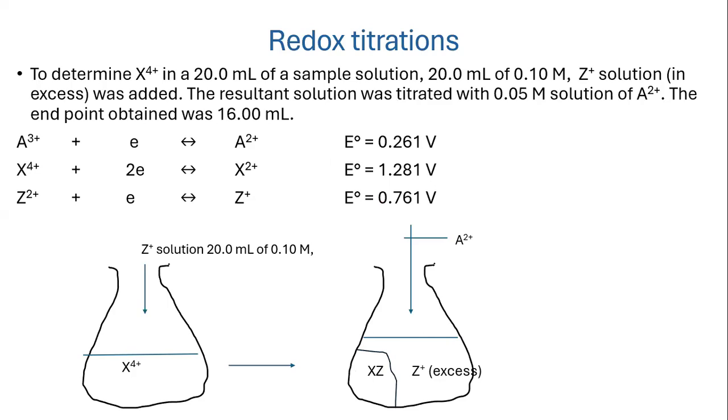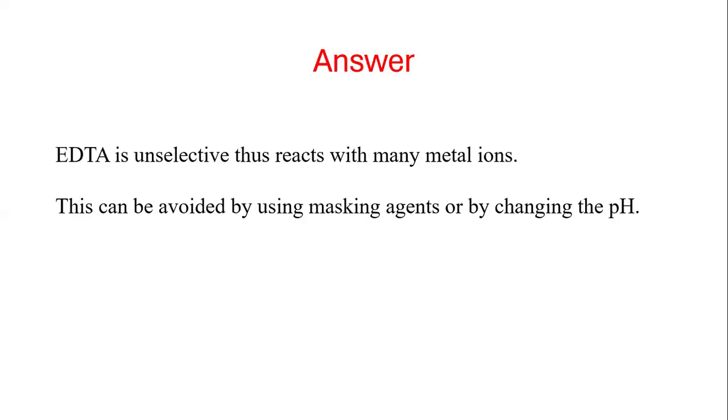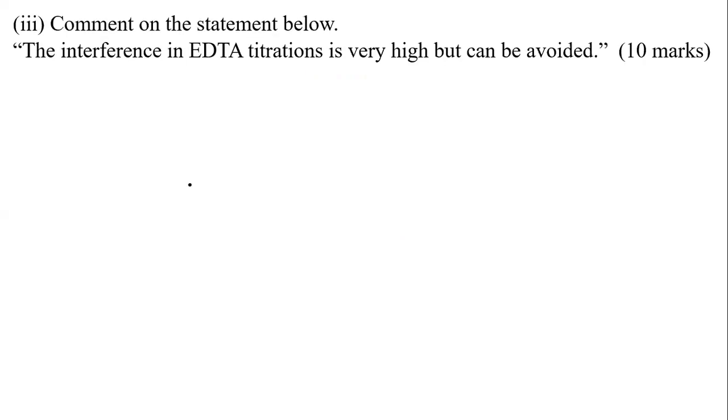Now we are moving on to the next part, redox titration. Okay. In EDTA titrations, what are the things that you should remember before starting? What are the specific things that you should remember?